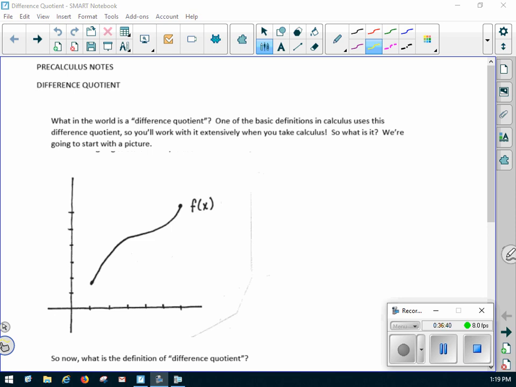So, what is it? Now, let me explain something to you. What we're going to do right now is just this little bitty piece that we're not going to use ever again in pre-cal. But when you get to calculus, I want you to have seen it so that when we start using it, you already have some familiarity with it.